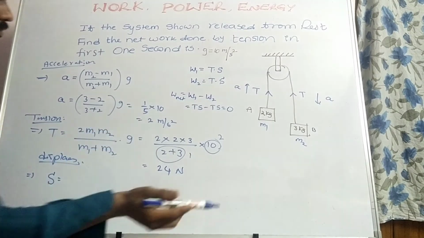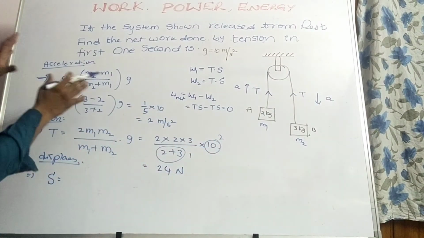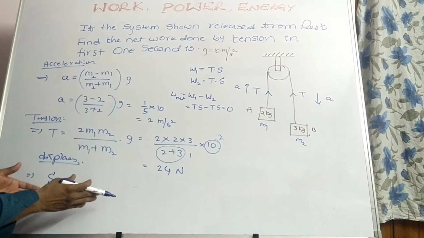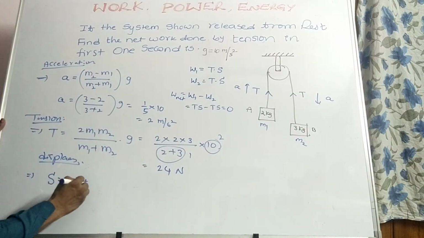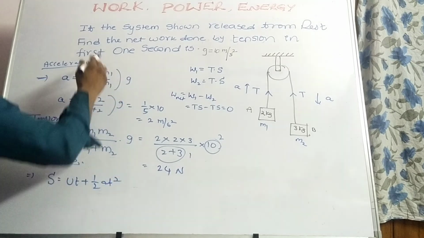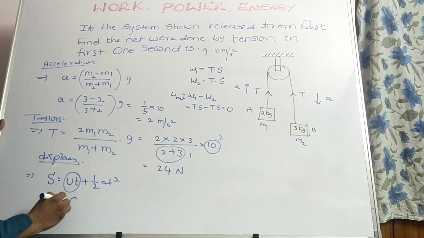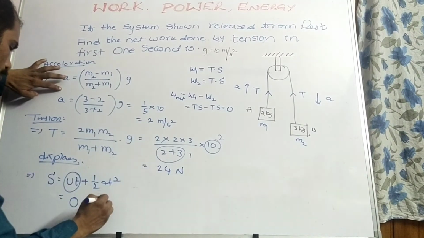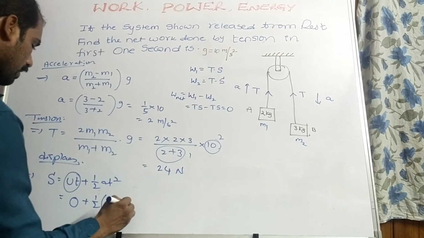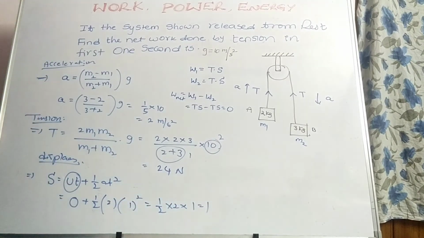It is sure that the net work done is 0, but I am showing the parameters we have to derive or sum. Clear? Displacement S = ut + half at square. As it starts from rest, u is 0, plus half into 2 into time given 1 second squared, that is equal to 1.